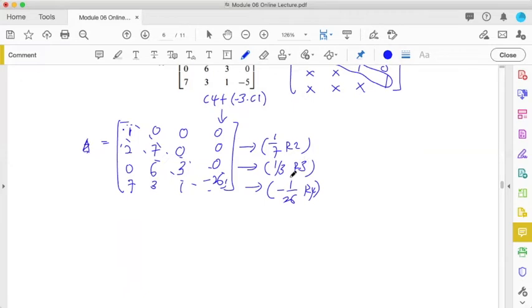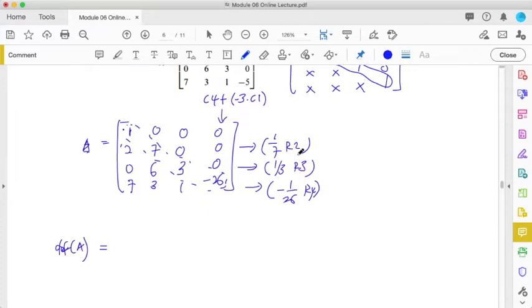Remember, when we find the determinant, the coefficients that we need to write in this determinant are the operations involved when we change the diagonal coefficients to become 1.